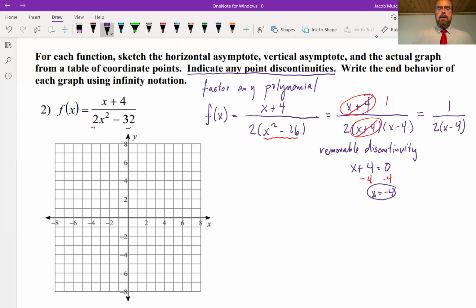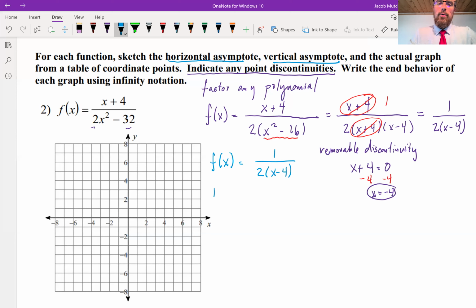So we finished that one part. We got a simplified version of the function. So what I'll do now is zero in on these horizontal and vertical asymptotes. To do that, I'm going to bring the function again. So the one we're looking at now is the simplified 1 over 2 times x minus 4.